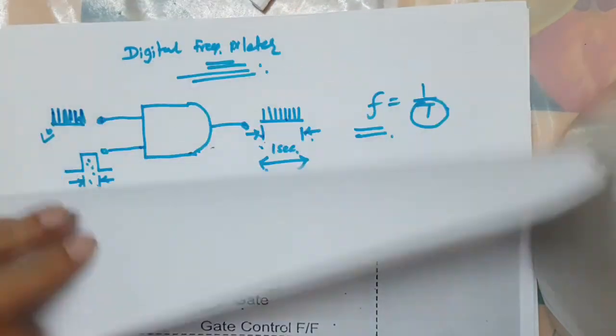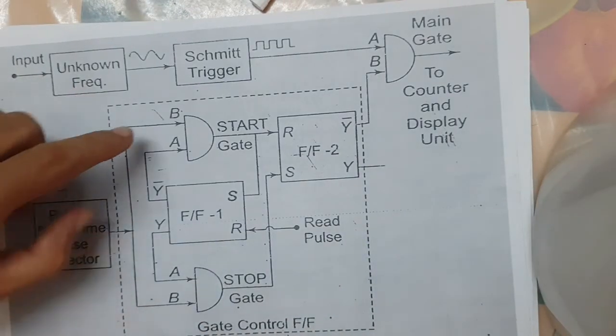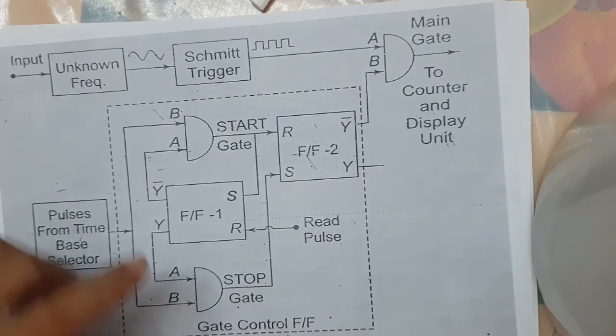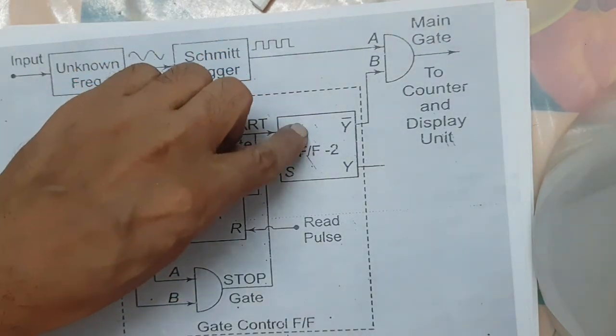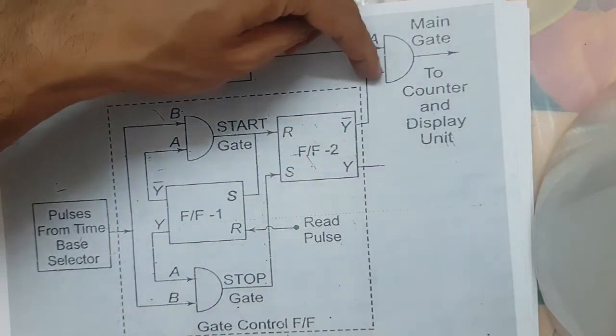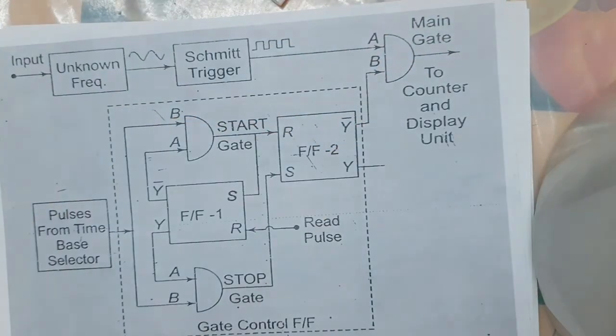This is our main gate, right? There are two, start and stop gate, and one flip flop here. When this terminal is high and this terminal is high, both terminals high, it is given to the counter, and the counter counts the number of unknown frequency pulses, and we can measure the frequency.